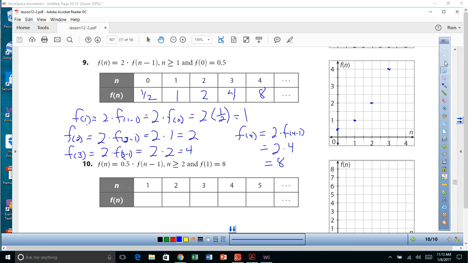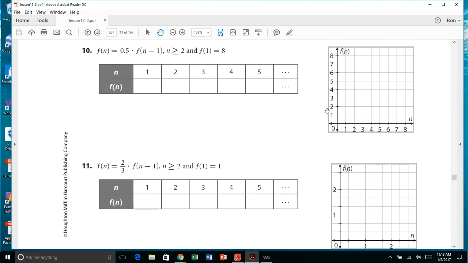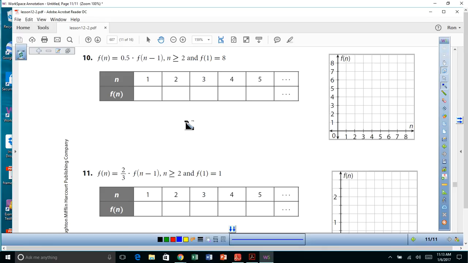Number 10. So f of 1. All right, so f of 1 is 8. We'll put that in there. So 1 is 8. Go ahead and mark that.